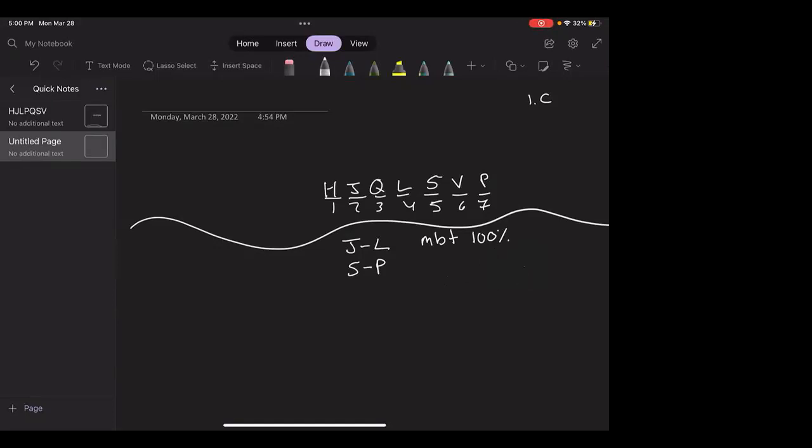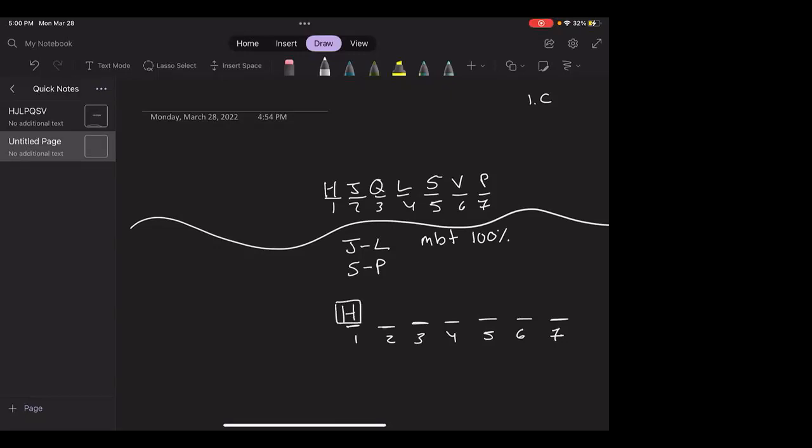Okay, so let's just draw out a world where we satisfy these two new conditions, right? J before L and S before P. Okay, so we know H has to go first.